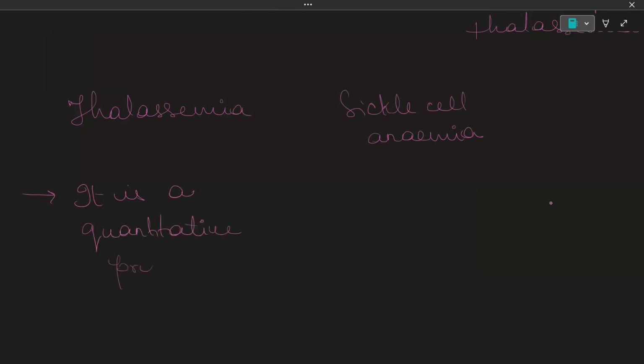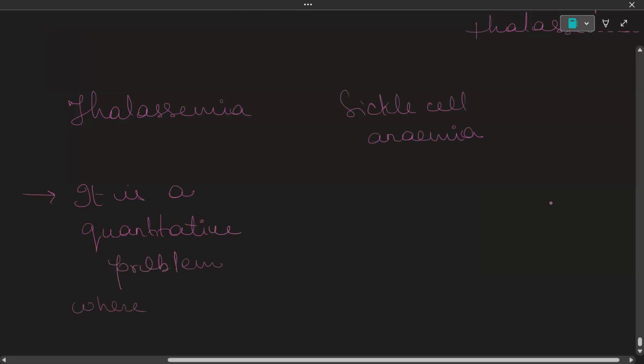It is a quantitative problem where too little or too few globin molecules are made. Quantitative, you understand, right?